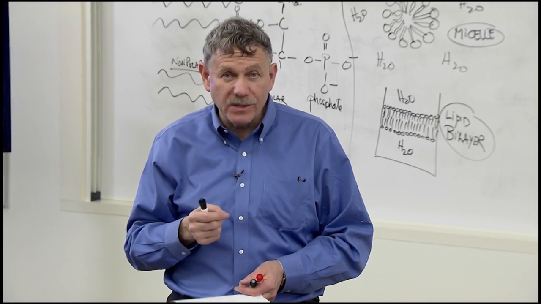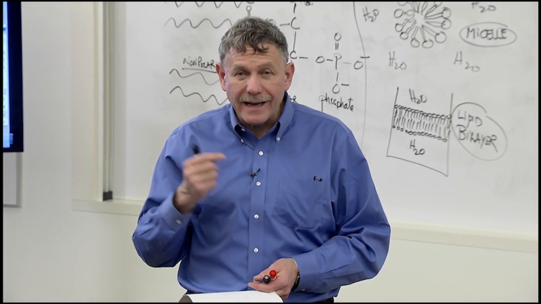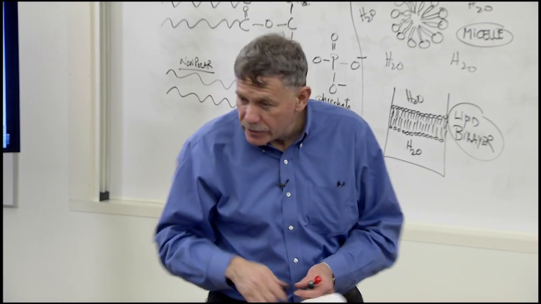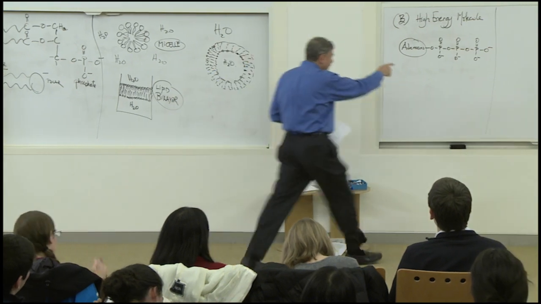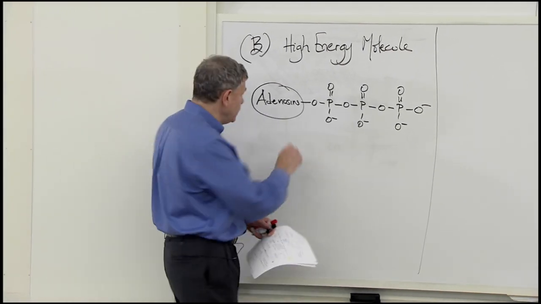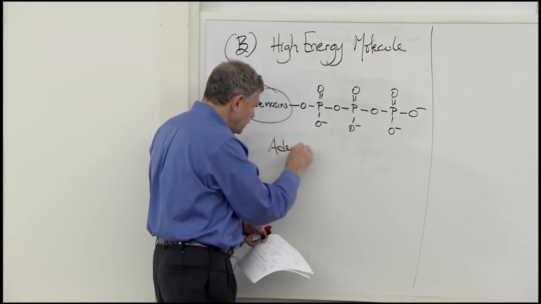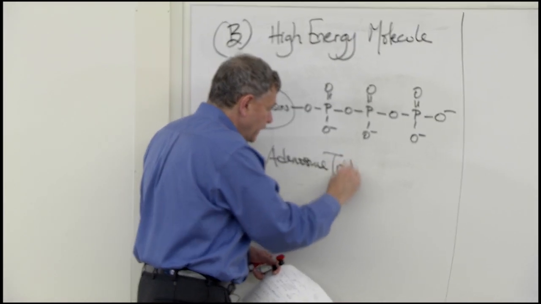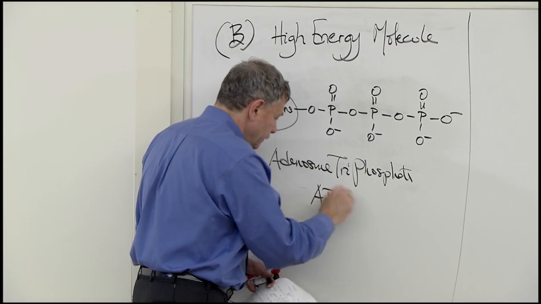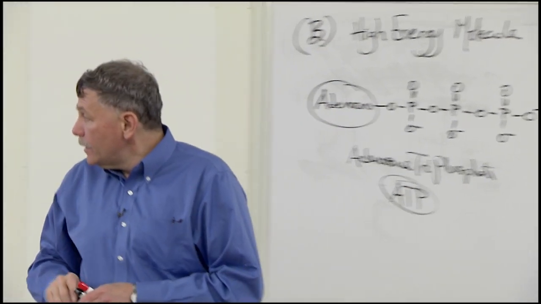And the cell has figured this out, and it uses that molecule as an energy currency, an energy store to run reactions. When it needs energy, it resorts to adenosine with 3 phosphates, or adenosine triphosphate, or, amongst friends, ATP. There you go.